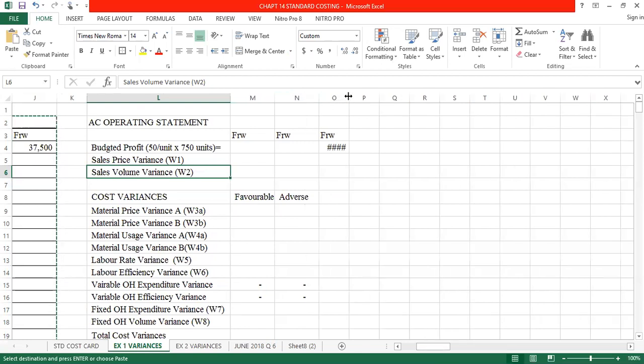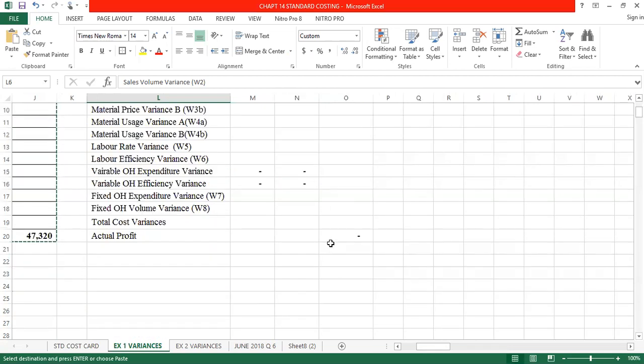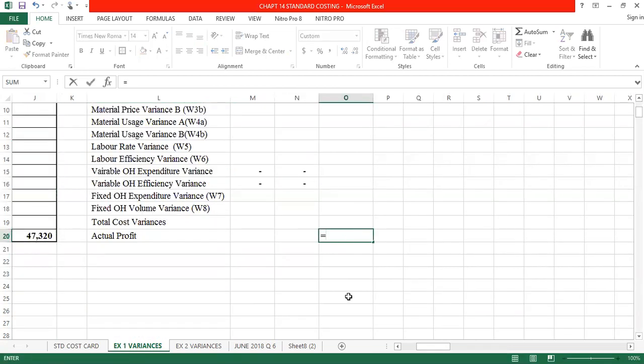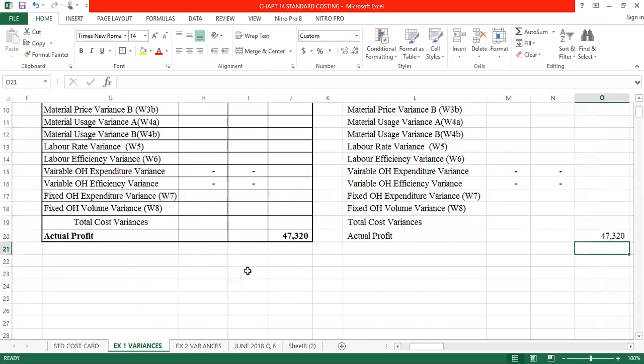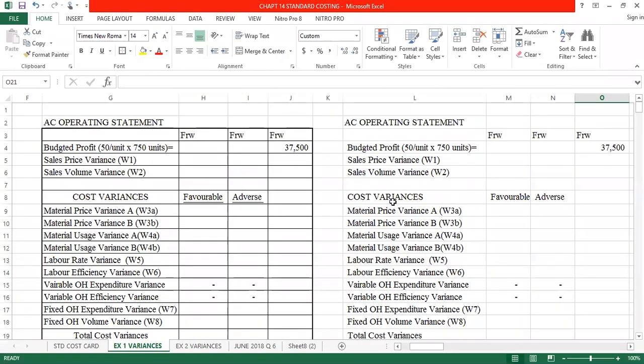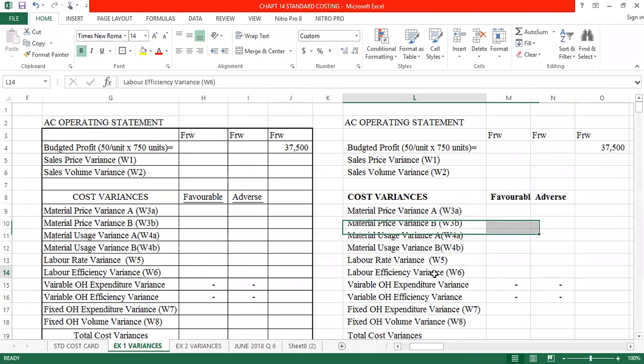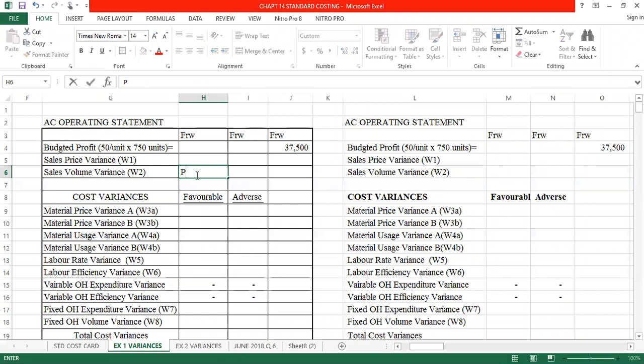So we have that. Actual here. So what is the actual? Actual is still that 47. Remember that I've just posted the same. So what is the difference? Here, the sales volume variance that is used is the one using profit.